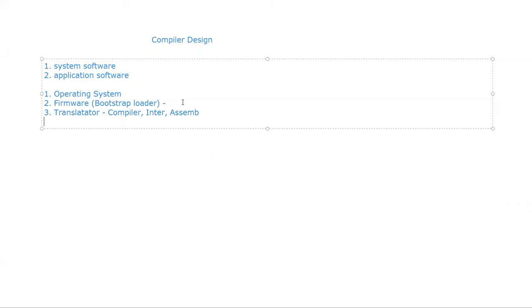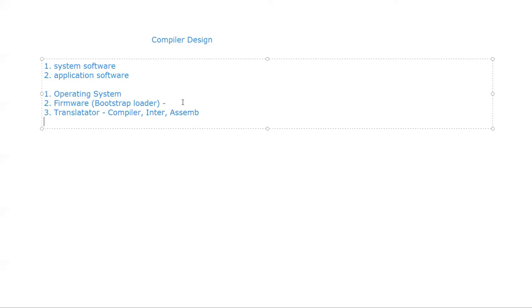To convert one language into another language. Whatever type of translator it is, it is a language converter, so it will convert your English language into Hindi language, or Hindi into English, or some other language. In the similar way, your computer has a translator. There are three types of translator it has: compiler, interpreter, and assembler.